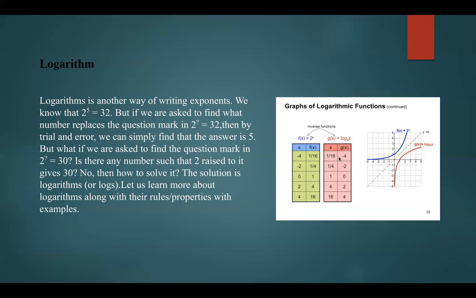But if we are asked to find the question mark in 2 to the power ? equals 30, is there any number such that 2 raised to it gives 30? No, then how to solve it? The solution is a logarithm, or simply log. Let's learn about logarithms along with their rules and properties with examples. You can see here the graph of the logarithm function.